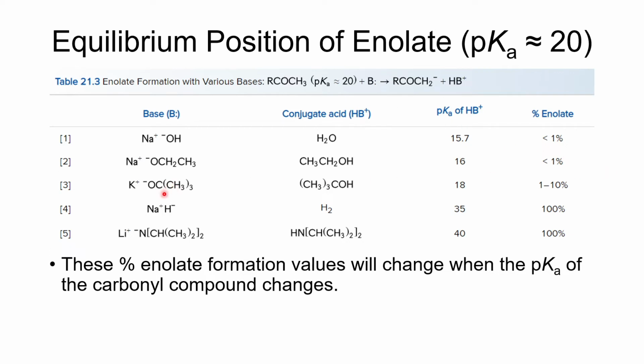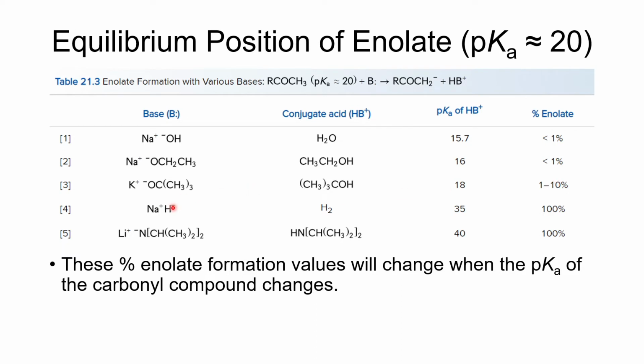If we go with a slightly stronger alkoxide, this is potassium tert-butoxide, one of my favorite strong sterically hindered bases. Its conjugate acid is tert-butanol, which has a pKa of 18. We're going to find our percentage enolate jumps up to several percent.